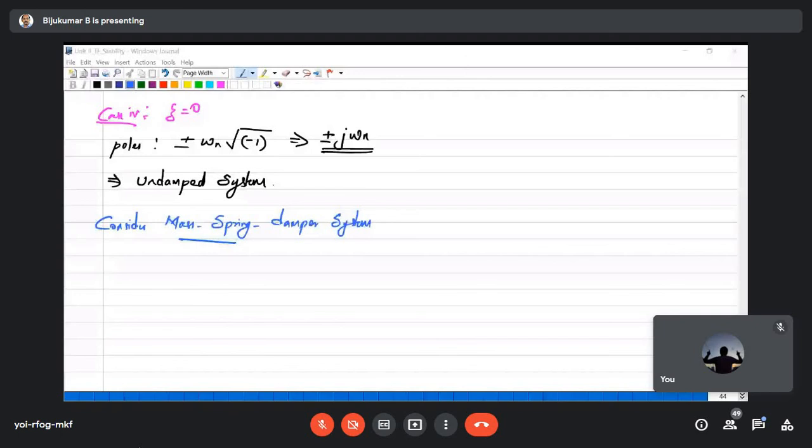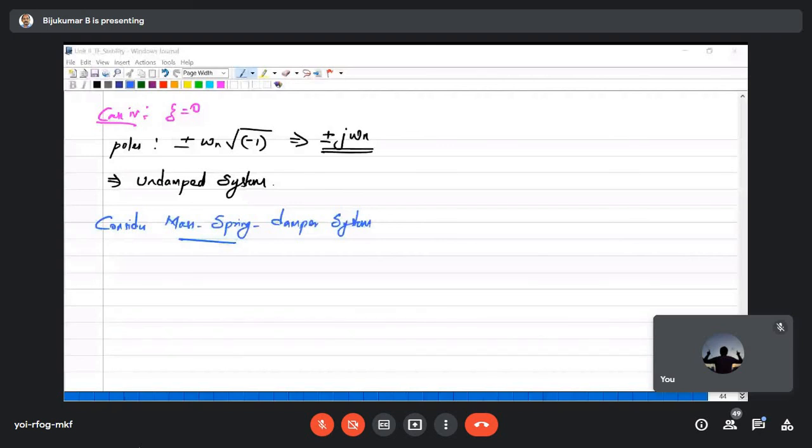Where m is the mass, b is the damping coefficient. So if I take this m out, I get s square plus b by m s plus k by m, right?